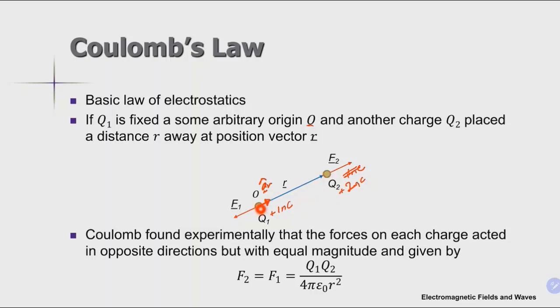Mathematically, my unit vector a_R is my vector R divided by the magnitude of the vector R. You still remember the unit vector? A unit vector means that a vector has a magnitude of 1.